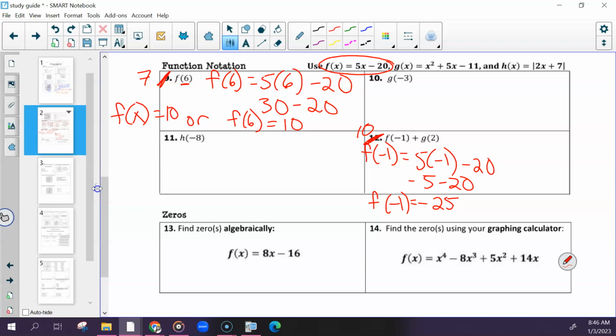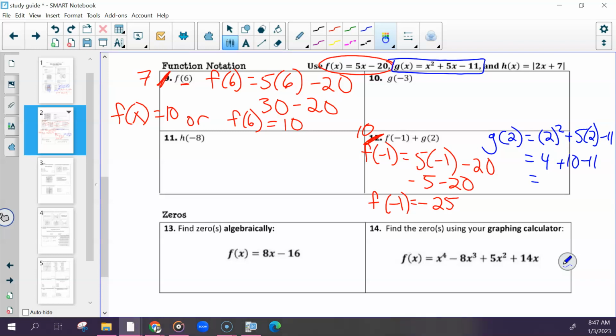Figure out what the second part is, but now, because it's g, you're using a different equation. So g of 2 equals, put 2 in for all of your x's. So that would be 4 plus 10 minus 11, or 14 minus 11, so 3.